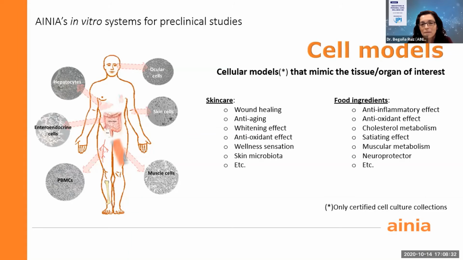For instance, for skincare, there are wound healing, anti-aging, whitening effect, antioxidant effect, and some others. And for food ingredients, we have checked a lot of anti-inflammatory effect, antioxidant, cholesterol metabolism, satiation effect, muscular metabolism, or whatever is interesting for the company asking for this kind of tests.